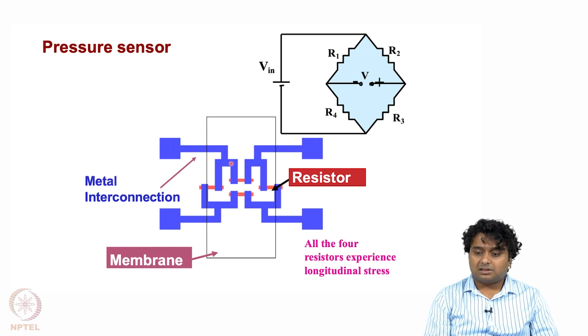All these resistors according to the Wheatstone bridge are connected to some external pads from where the electrical contacts will be taken. So these are like metal contacts. These metal contacts are made by sputtering or physical vapor deposition, whatever we have already discussed, and then the pressure sensor will be ready.